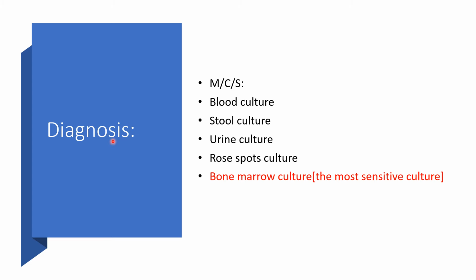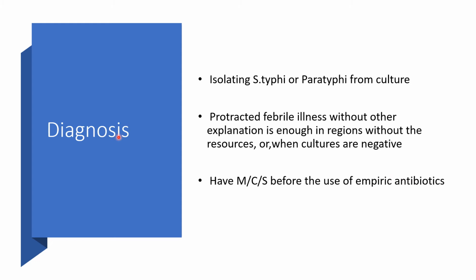Now, full diagnosis will include microscopy, culture, and sensitivity tests. You can have blood culture, stool culture, rectal swab culture, rose spot culture, but bone marrow culture is the most sensitive. The best would be to have the capability of isolating Salmonella typhi or paratyphoid from culture.